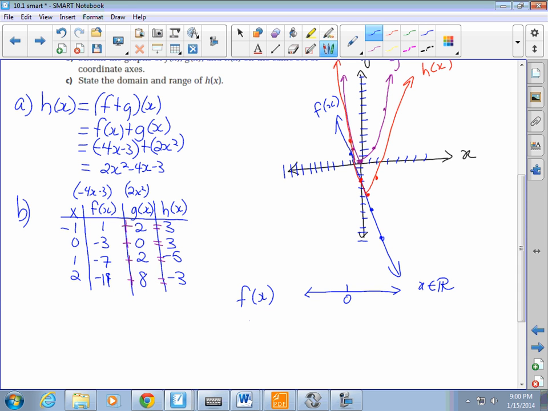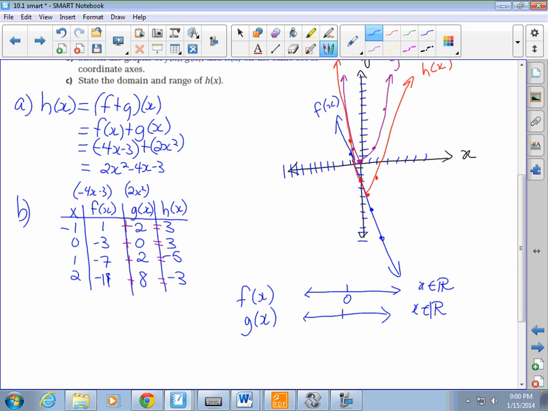My g of x graph, for my domain, I can use any value in there again. And this is a nice easy one because it works that way. So x is also an element of real numbers for this, because I could go any positive or any negative x value.